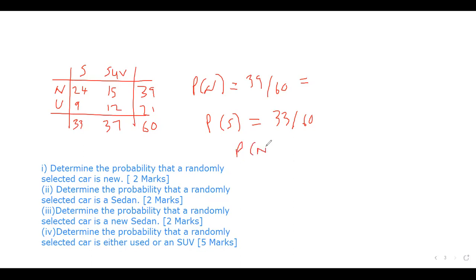The probability that it is new and that it is a sedan. Intersection, correct. So the probability of N intersection S. How do you find N intersection S? What's the answer?